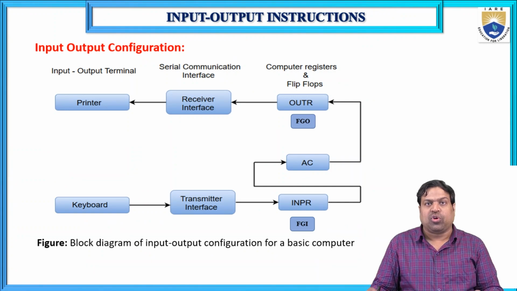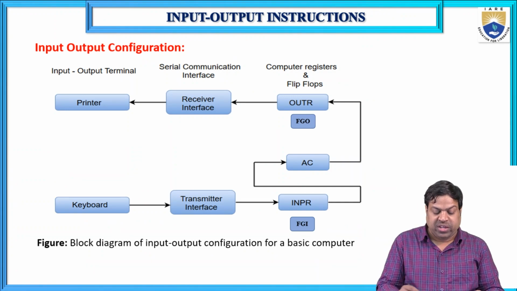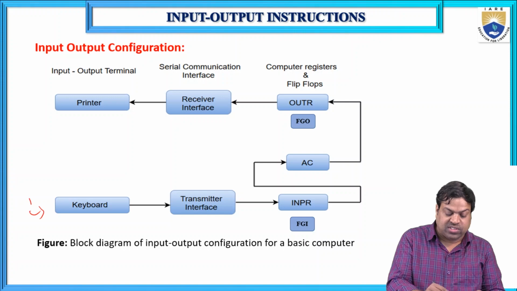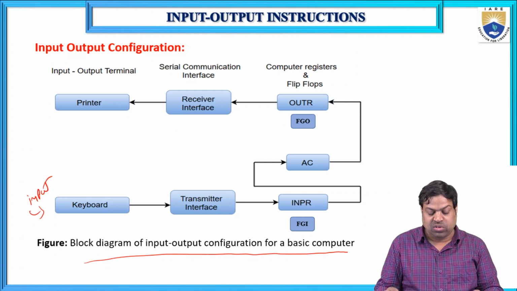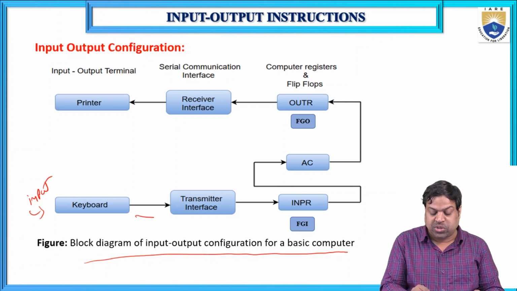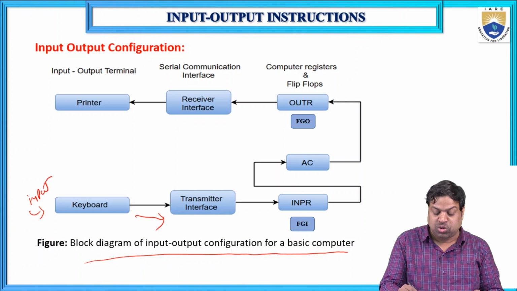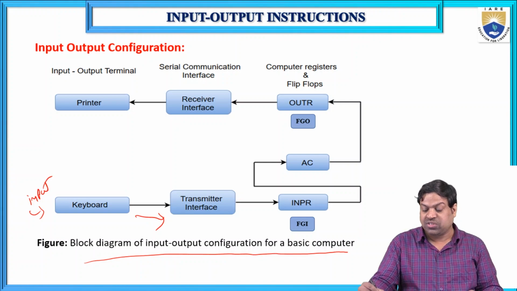Now the input-output configuration. First I am taking the keyboard. Is it input? Yes, it is the input. This is the block diagram of the input-output configuration for a basic computer. The keyboard will give the information to the computer. That is called the transmitter interface. Interfacing means inputs and outputs are externally connected.